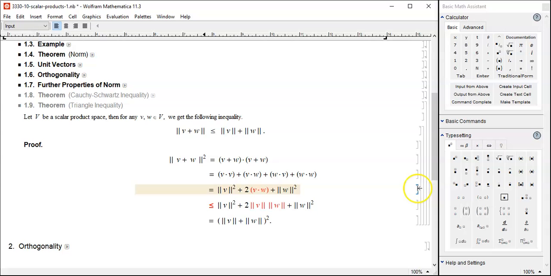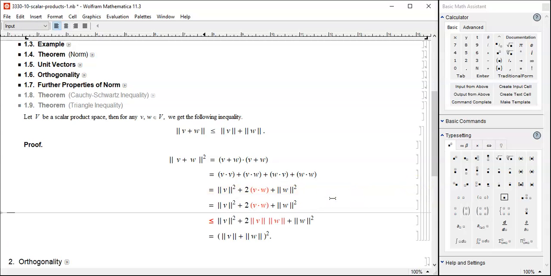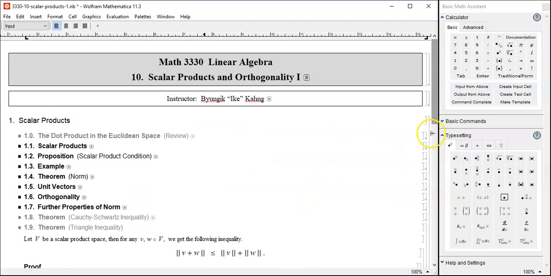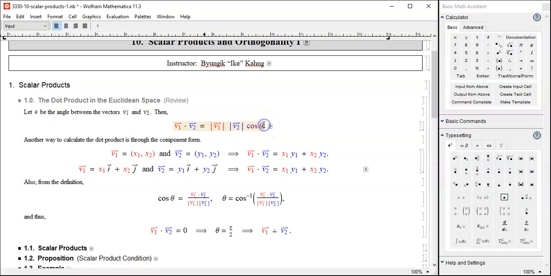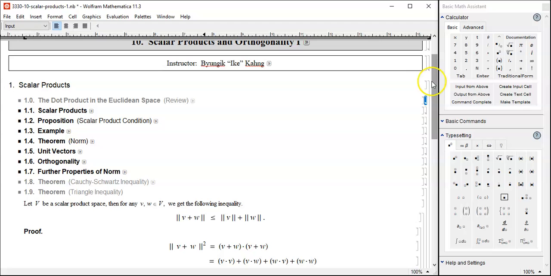Now, how do you set it up? As a matter of fact, I assigned this problem way back in module 2, week 2, but there we defined the scalar product or the dot product using angles at that time. So we could do this.